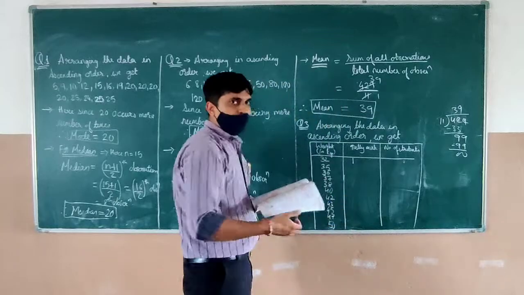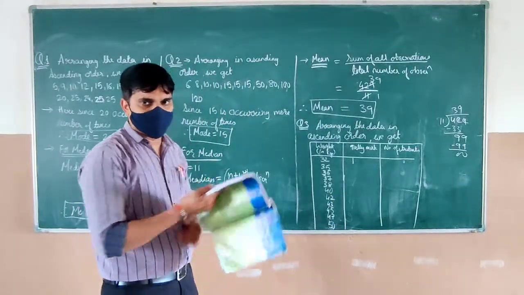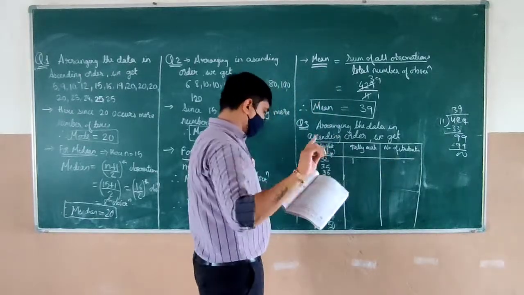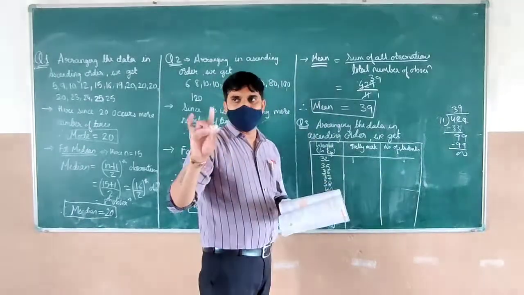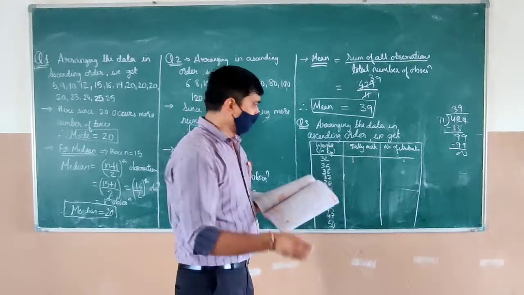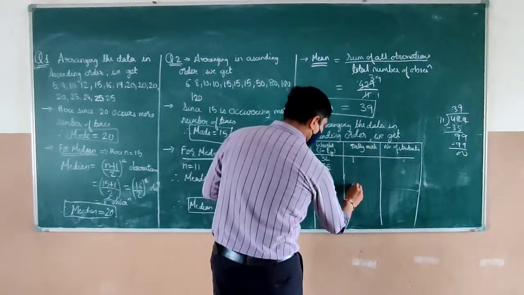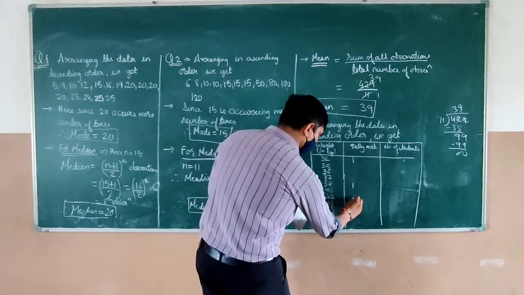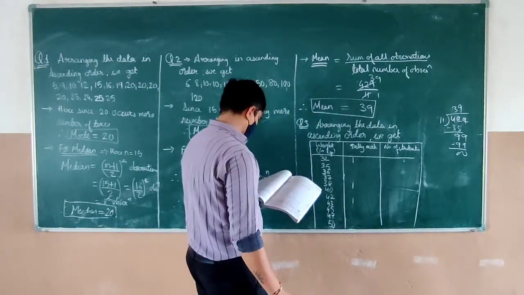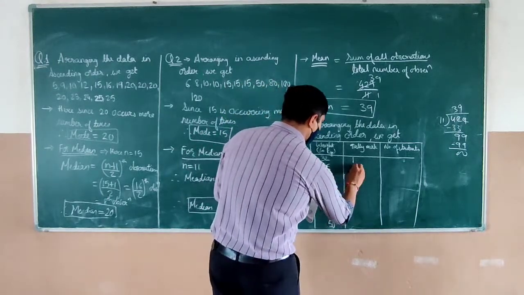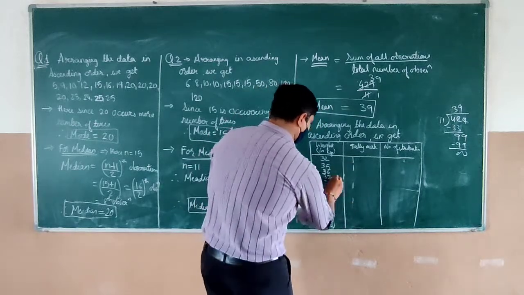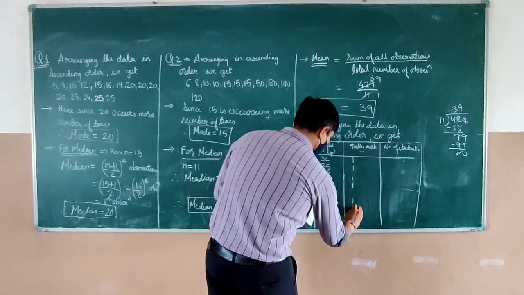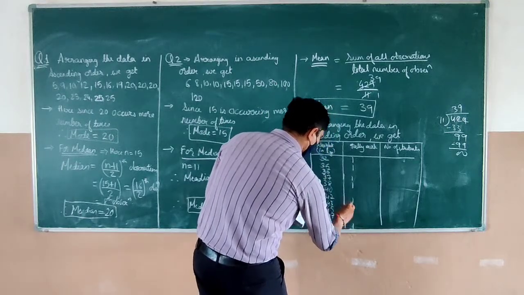It is not necessary to tabulate, you can directly write also. Not like that, we will start with the first one. First is 38, so opposite to 38, 1. Then 42, 1. Then 35, 1. 37, 1. 45, 50, 32.